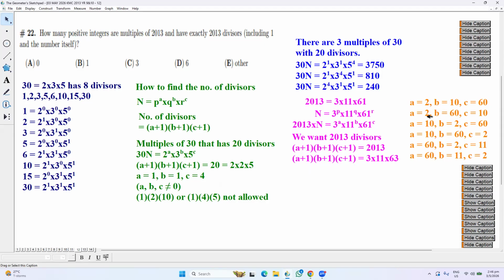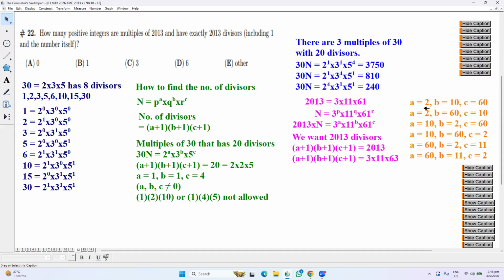But then we can move around, like just now, the exponents. There are 3 values of A, B, C to be shared among the prime factors.